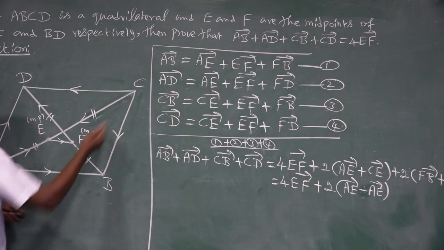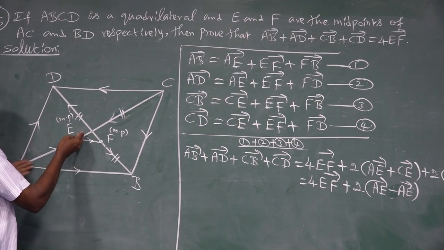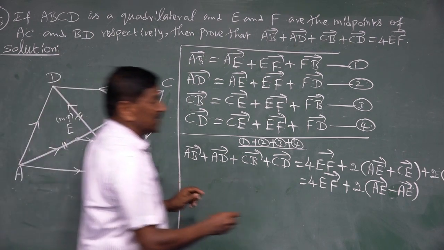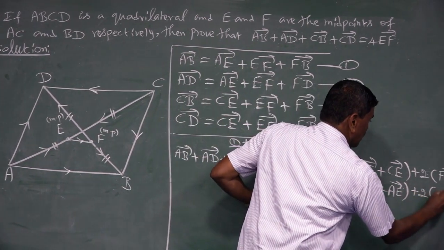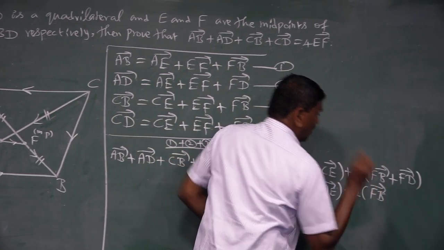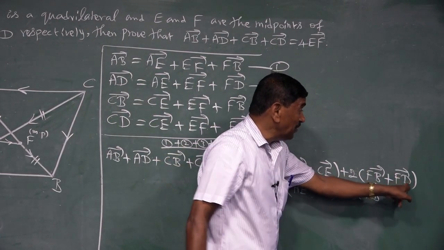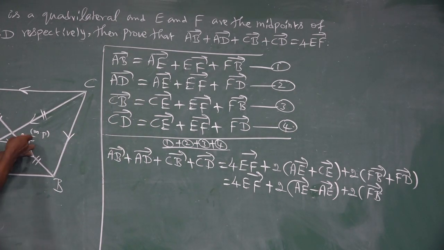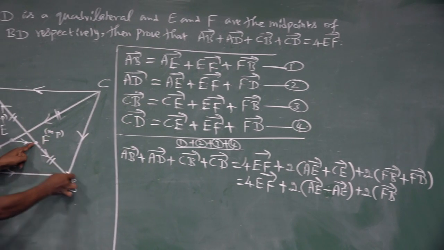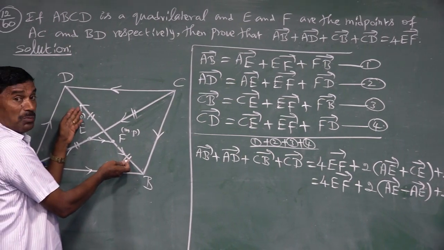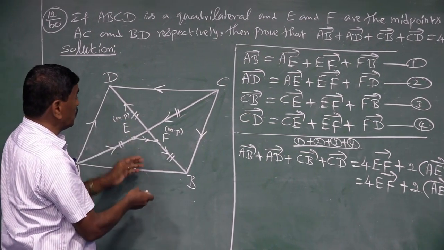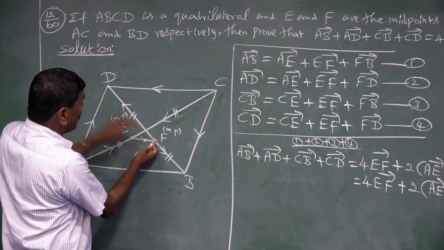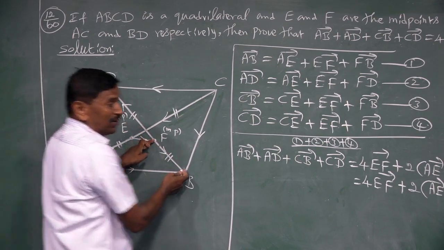Plus twice of FB vector fixed. And what is FD vector from the diagram? Yes, listen, FD vector and FB vector are equal in magnitude but opposite in direction. Therefore, FB vector fixed and FD vector is equal to minus FB vector.